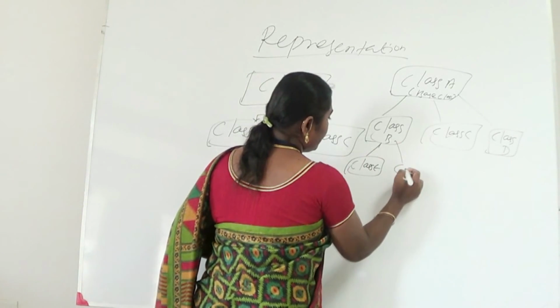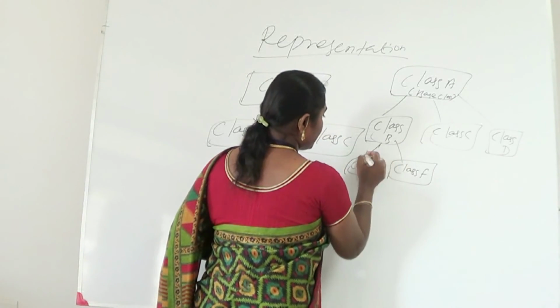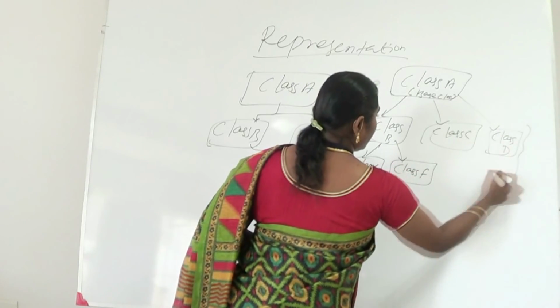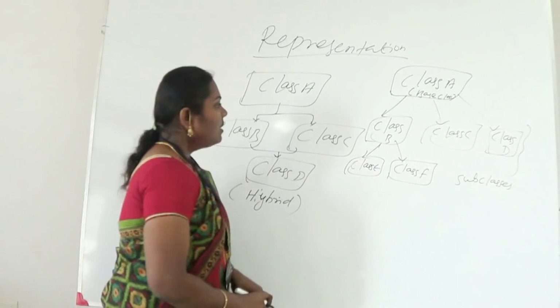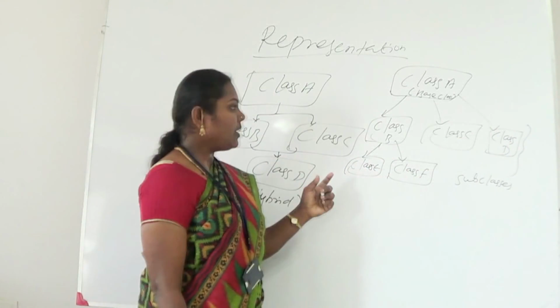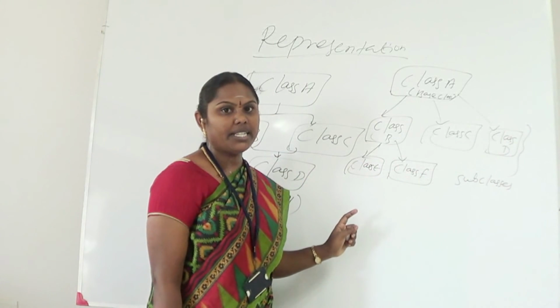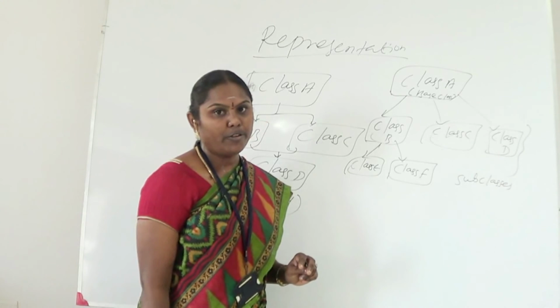Class E. Likewise, each and every subclass can have subsequent subclasses. So from the one base class, we derive several subclasses. It forms a tree structure. So here we maintain the levels of the classes. So this is a representation of the types of inheritance.